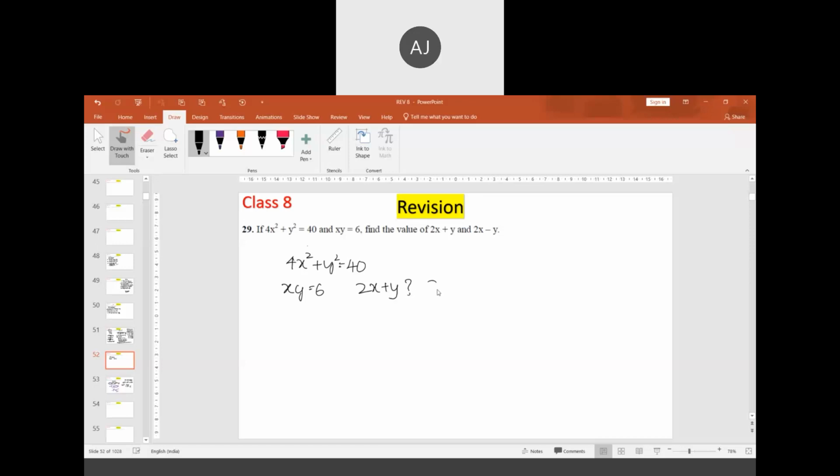Sir, now what I will do is, I can write 4x² plus y² as (2x + y)² minus 4xy, so (2x + y)² minus 4xy is equal to 40.